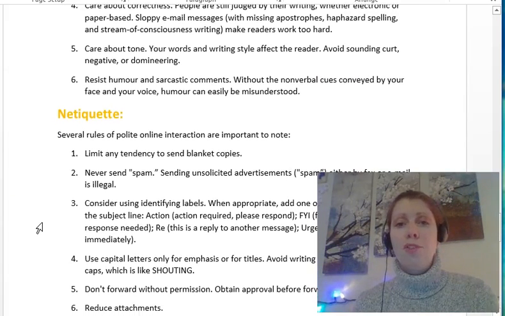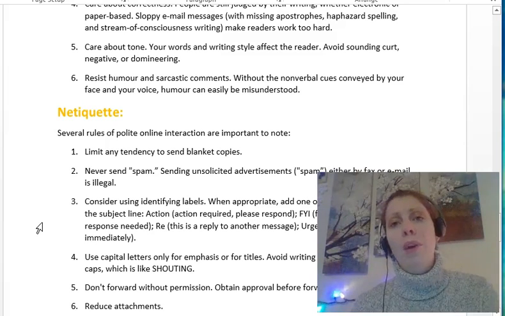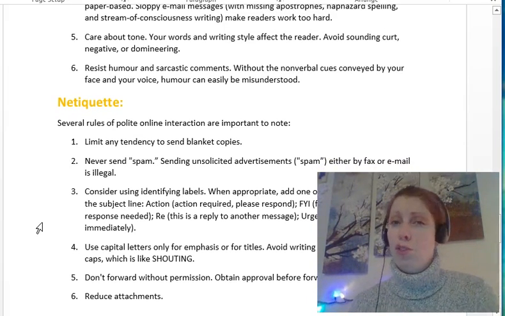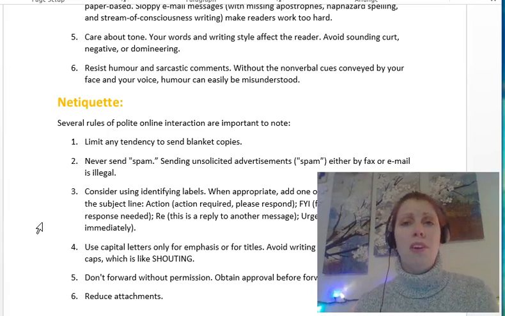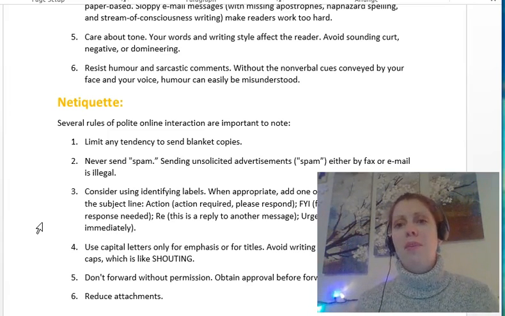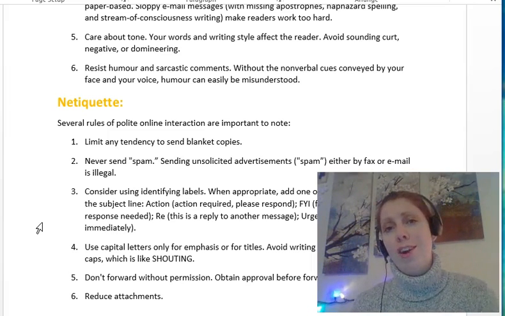Also, you need to care about your tone. We talked about this before. Your words and writing style will affect the reader. So avoid sounding curt or short with people, negative or domineering. You don't really want to be demanding anything of people. There is a soft way to demand something. So just be careful and resist humor and sarcastic comments.